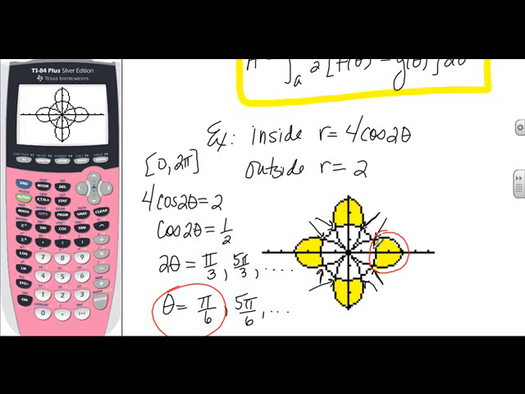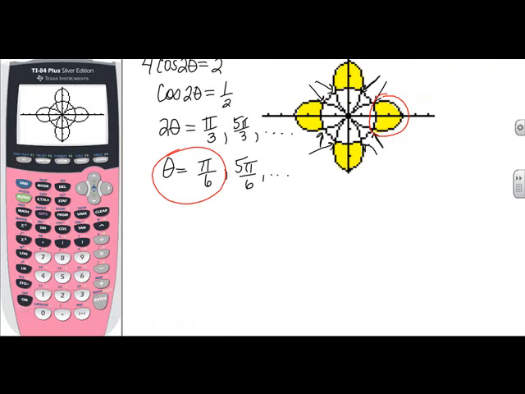So what I think is, if I started at negative pi over 6 and stopped at positive pi over 6, I think that I would just be looking at this section of the area. So I'm going to change my viewing window to check that out.